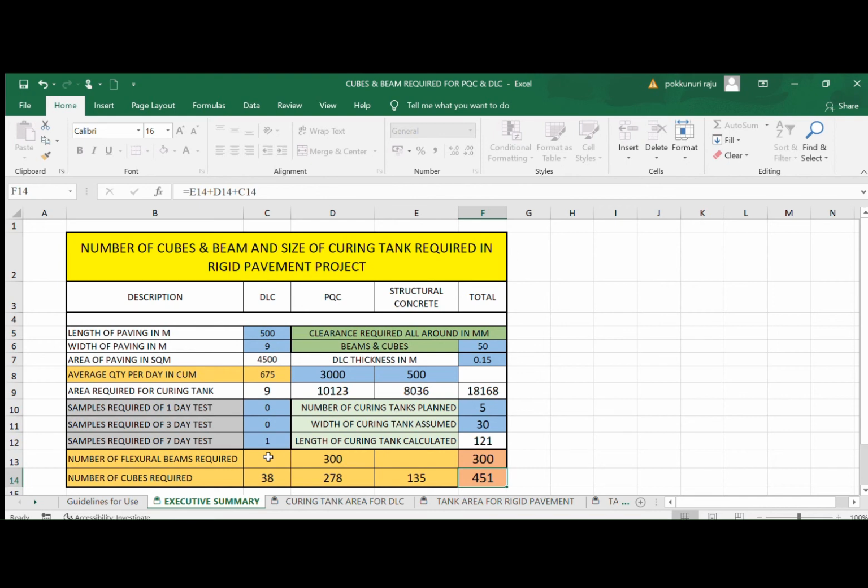That is if you want to do 500 meters of DLC daily, 3000 cubic meters of PQC daily, and 500 cubic meters of structural concrete daily.